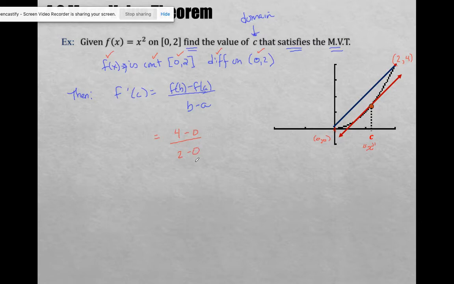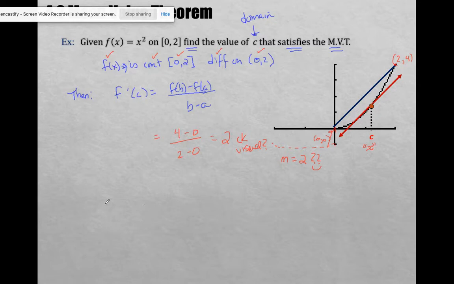Change in y over change in x. 4 divided by 2 is 2. Check my visual. Does it look like the slope of these lines is equal to 2? I buy it.